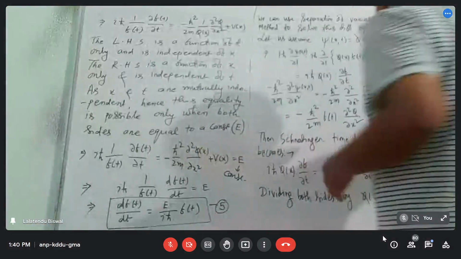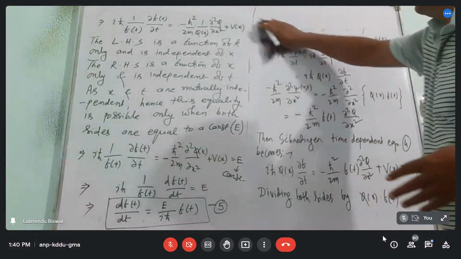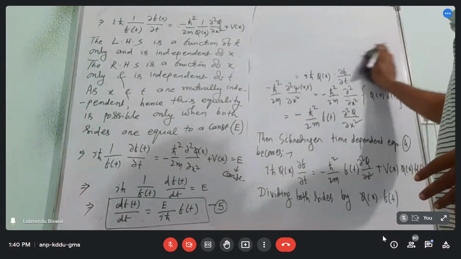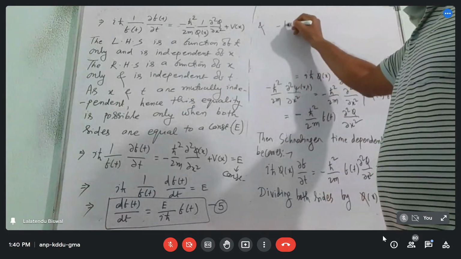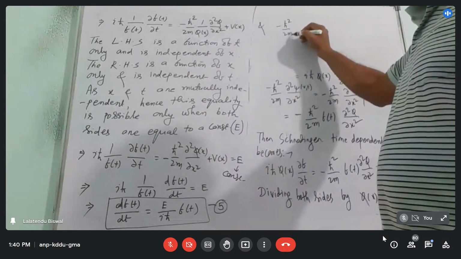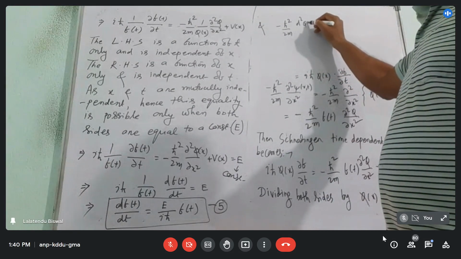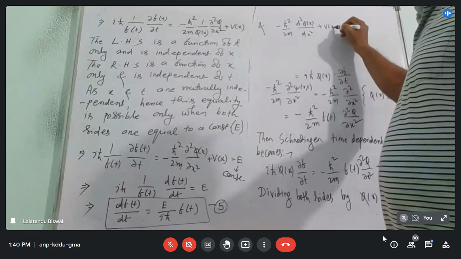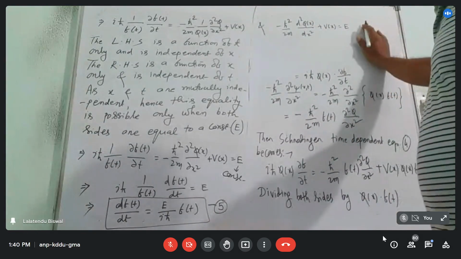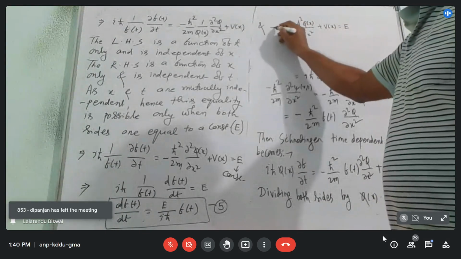The other part is minus ħ square by 2m d square phi x by dx square plus Vx is equal to E. Of course, here there will be phi x.